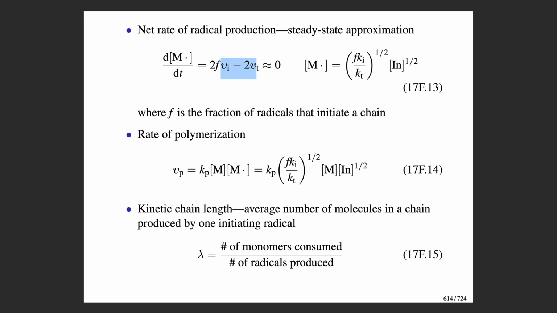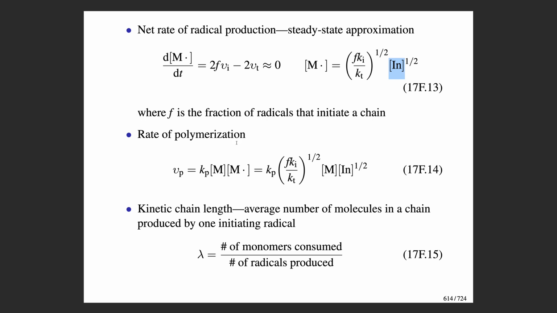So taking the expressions from the previous slide for these 2 rates, making the steady state approximation and solving for the chain length, we get this result here, where the steady state approximation for the radical chain is expressed in terms of these rate constants, and it's the initiator concentration to the square root power.